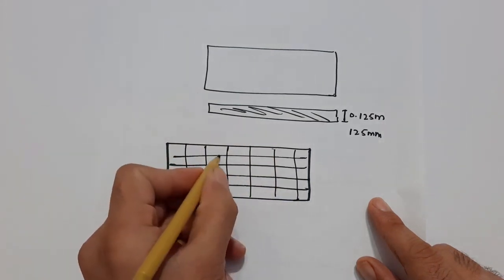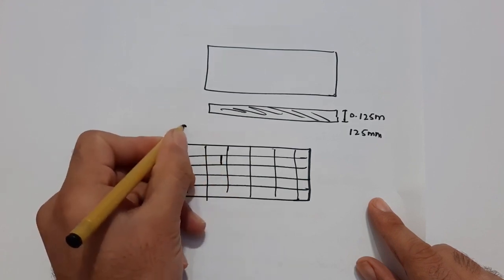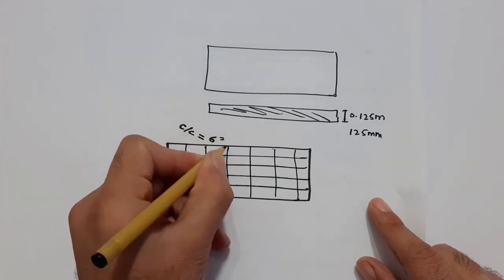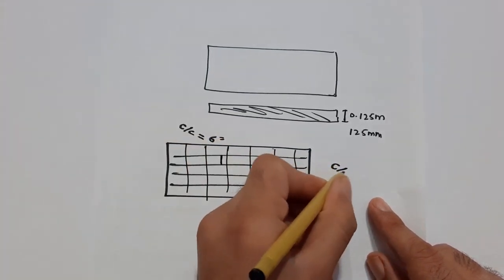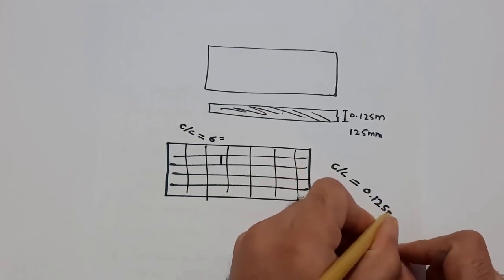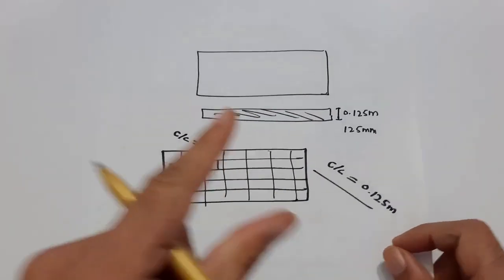The space between two steel rods we call C/C, for example 6 inches, or C/C equal to 0.125 meter, etc. It means spacing between two steel rods.